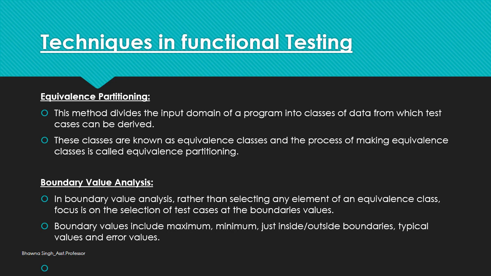That means in equivalence partitioning, we define a particular range for the input field, and whenever we give an input outside that range, an error message will be shown, or that input will be considered invalid. For example, if an input field has a range of 1 to 10, and we provide the value 11, it will be considered invalid.